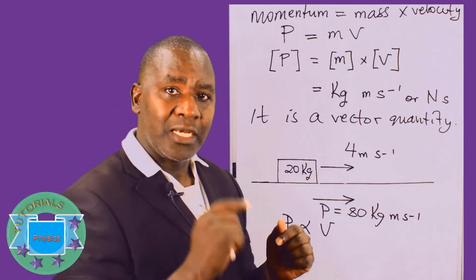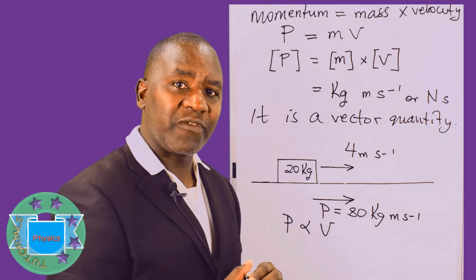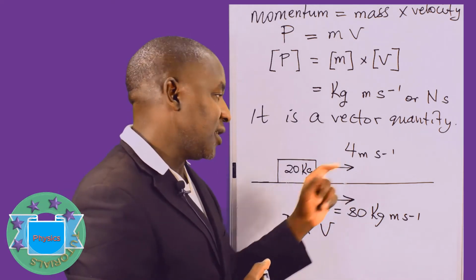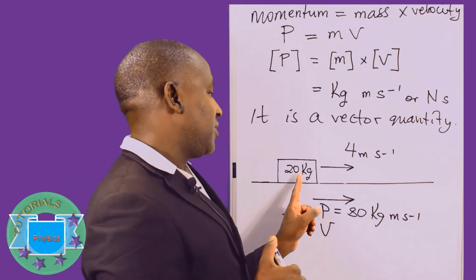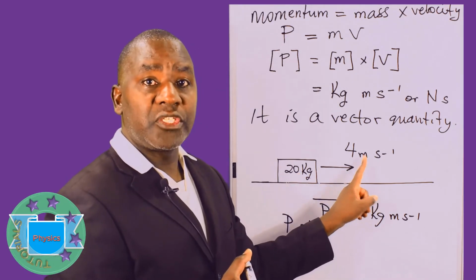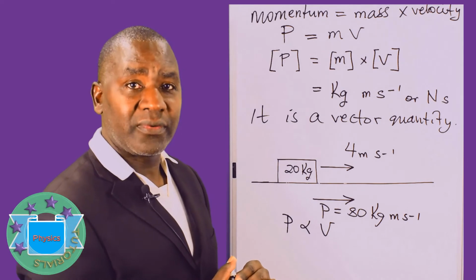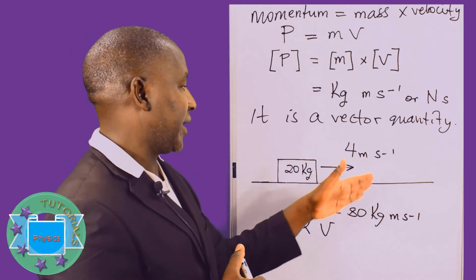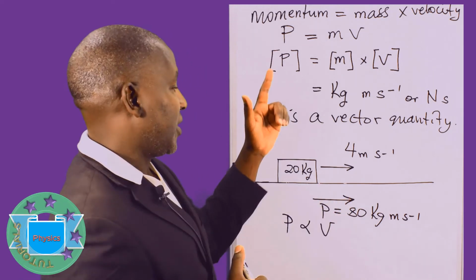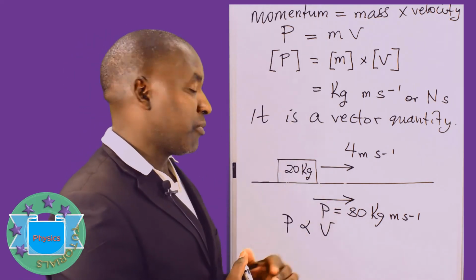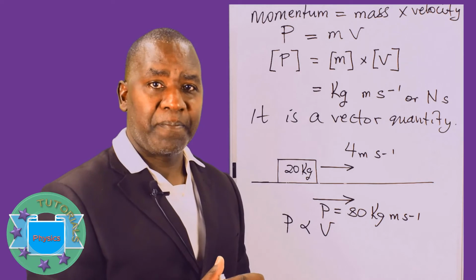So understand, two factors which affect momentum of an object: its mass and its velocity. Of course, when the object is stationary, its momentum is zero. And again, that one stems directly from these simple definitions here.